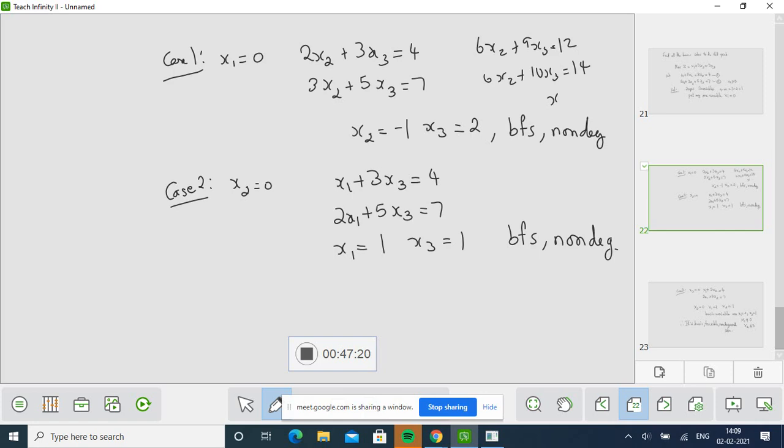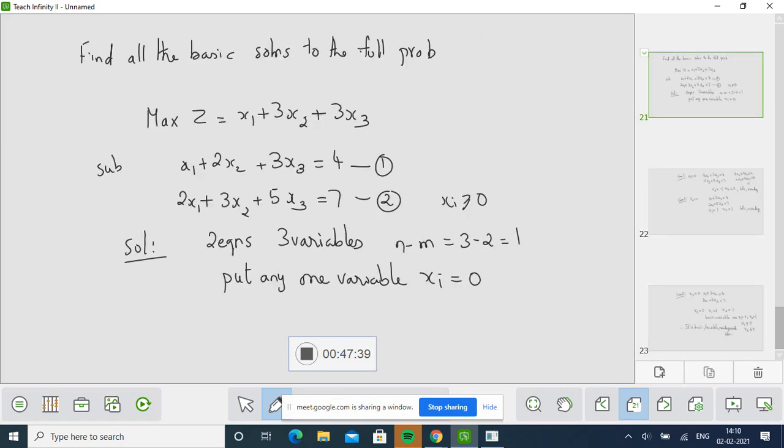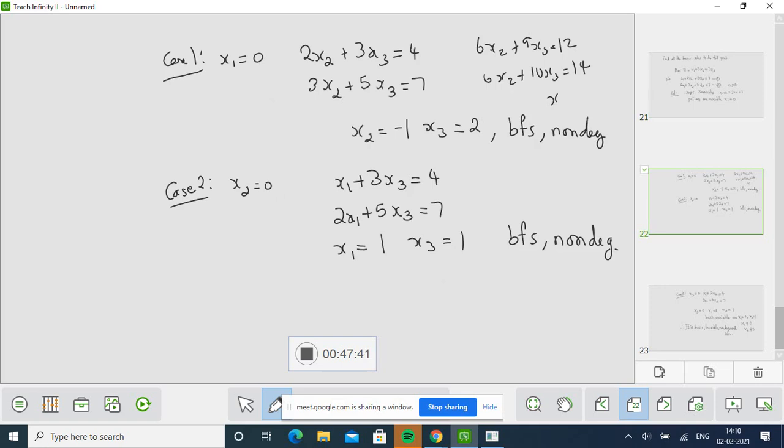Now tell me, what is the optimal solution? In the first case, what is the value of z? Z is minus 1 and 2. Minus 1 is minus 3 plus 3. Check. Minus 3 plus 3 gone. Z is 0.